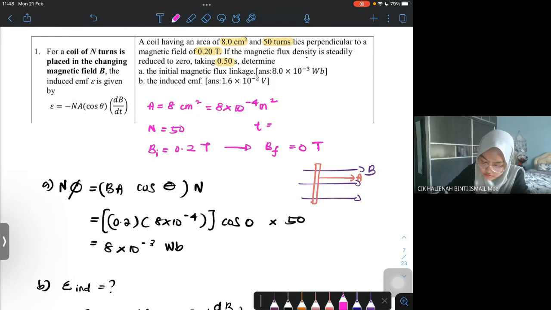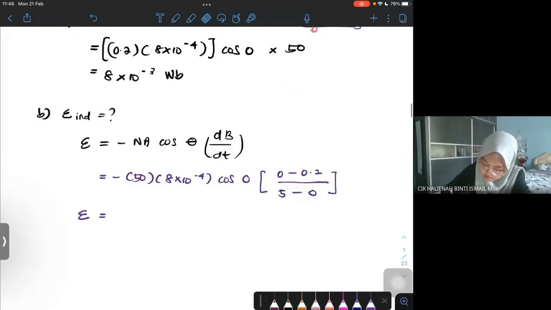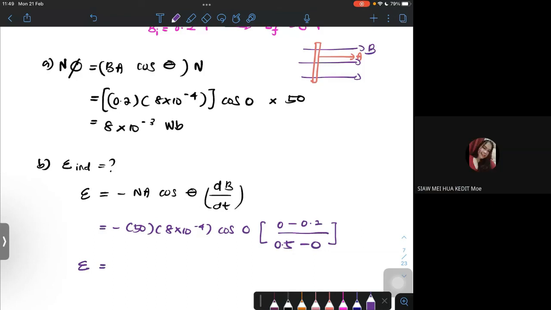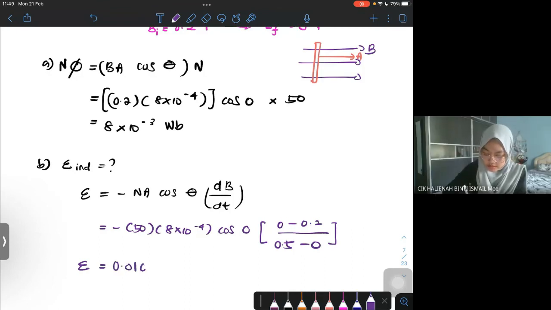Okay. 0.5 second. 0.5 minus 0. Zero point zero 0.016, 0.016 volt. Everyone got it?